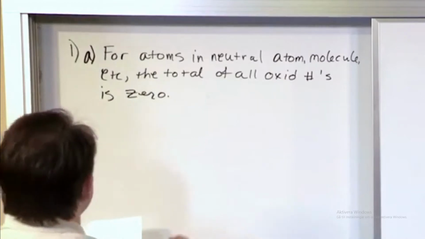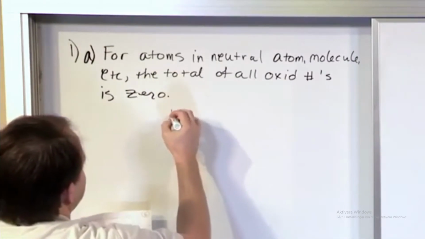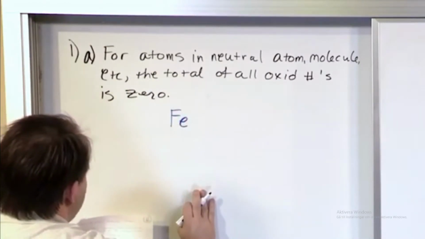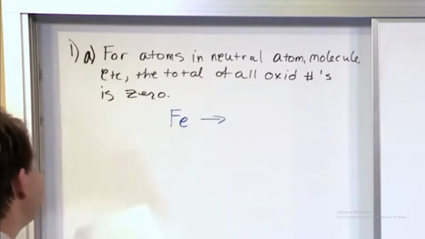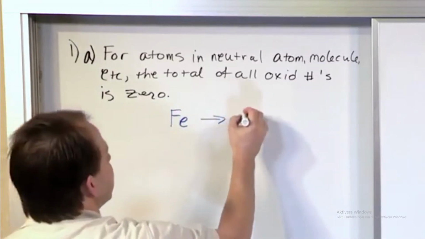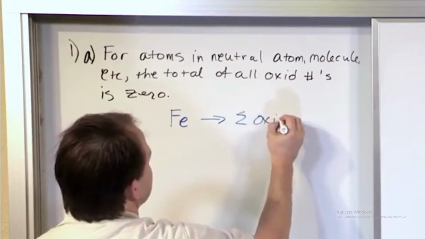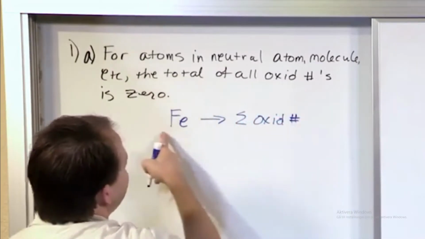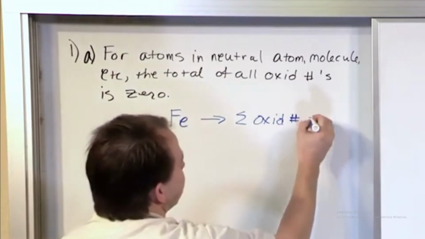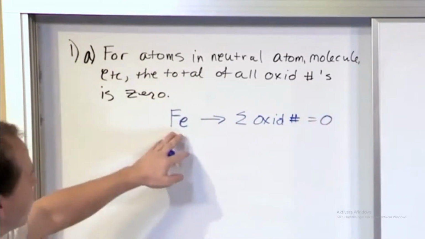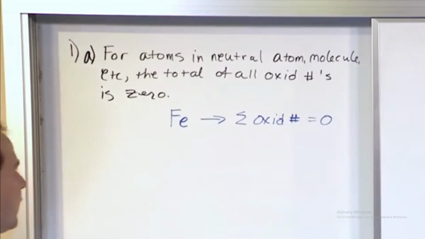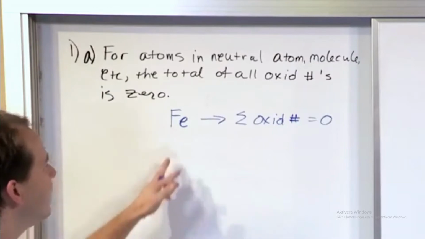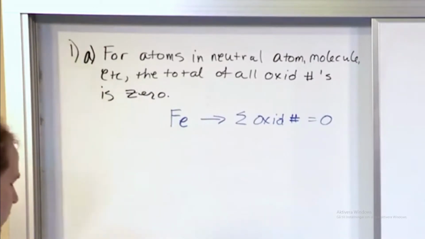So as an example, if you have the atom just sitting off by itself, the atom iron, Fe, what it's basically saying is that by definition, since it's sitting by itself, the sum of the oxidation numbers of everything in here, which is just one atom, has got to equal 0. So the oxidation number of this neutral iron atom must be 0.